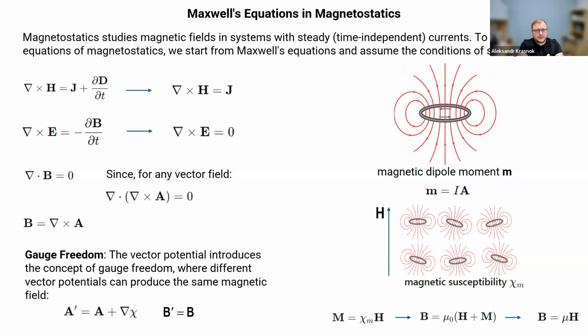And this orientation of magnetic moments, magnetic dipoles, changes the field within this material. Yeah, so this is essentially why we need to have this vector B and magnetic permeability mu. The larger mu, the larger this effect on the magnetic field.